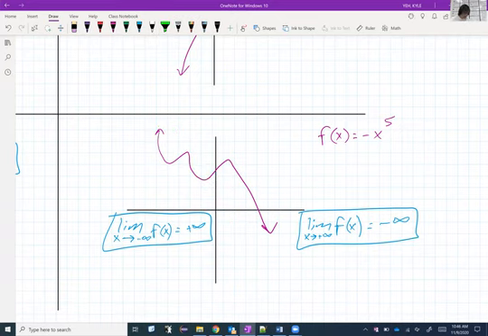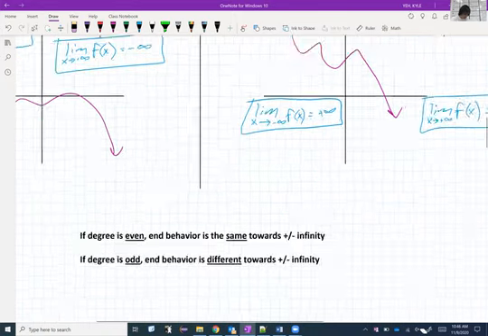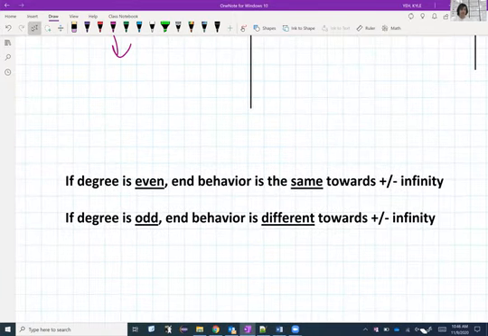So again, I promised at the bottom, I would have just that quick footnote. If the degree of the function is even, the end behavior is the same towards positive and negative infinity. As we go to positive and negative infinity, they both point up or they both point down. If the degree is odd, the end behavior is different. One points up, one points down.